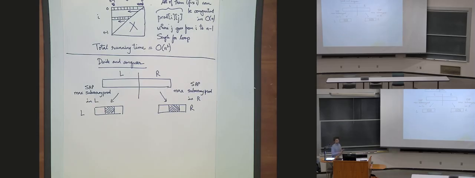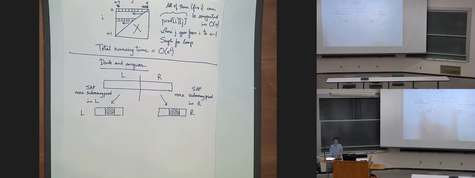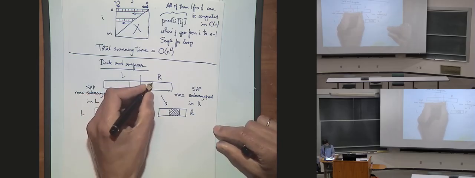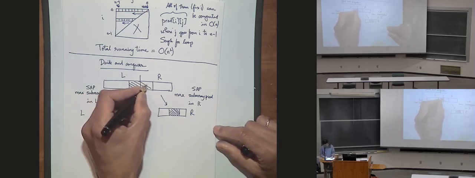Okay, so now what? How do I actually combine to get a solution for the whole thing? What are the subarrays that have not been considered by these recursive calls? Yeah? The ones that start in L and end in R. Yeah, exactly. Right? So the problem is there are subarrays of this form.